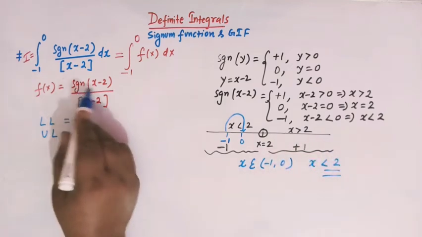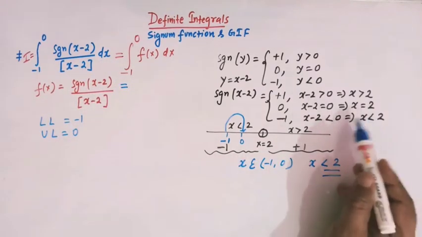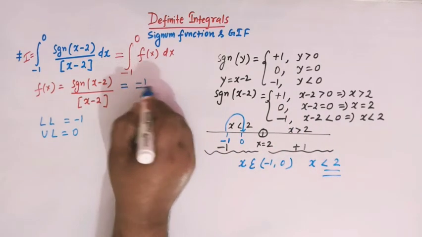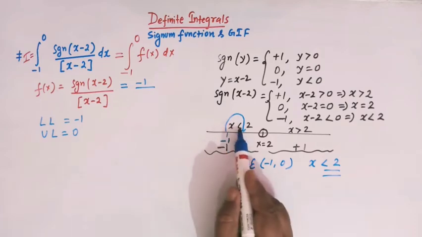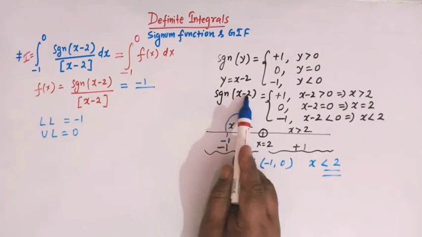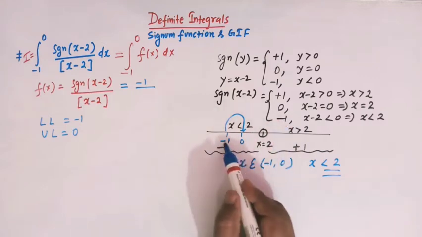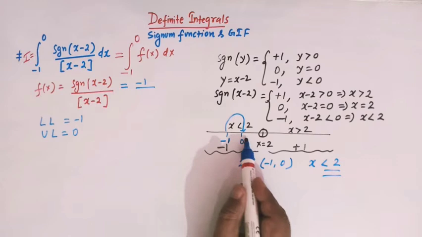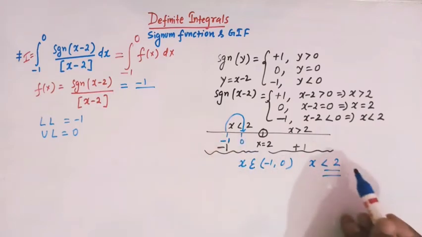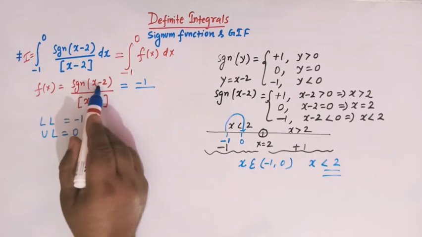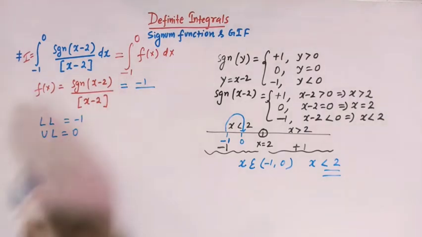So signum of x minus 2 will take the value minus 1, because for x less than 2, signum of x minus 2 has the value minus 1, and all the values of x in this interval are obviously less than 2.